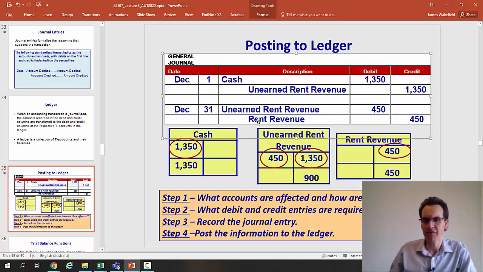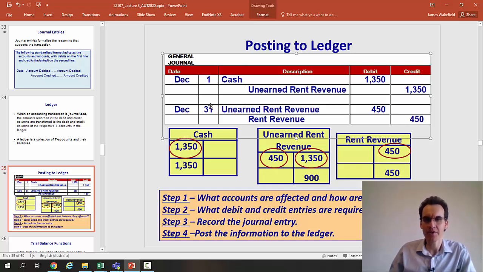And so therefore they credit rent revenue, which is a revenue account, obviously. And the effect of revenue is it increases the value of the business. So if we want to increase the value of the business through equity, we credit. So therefore, to recognize revenue, we credit that account by $450.